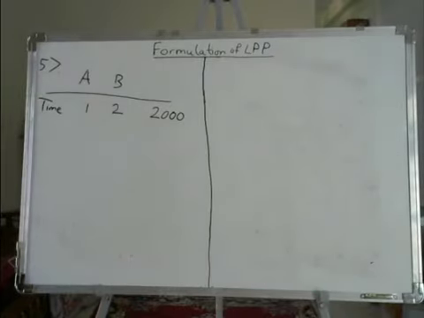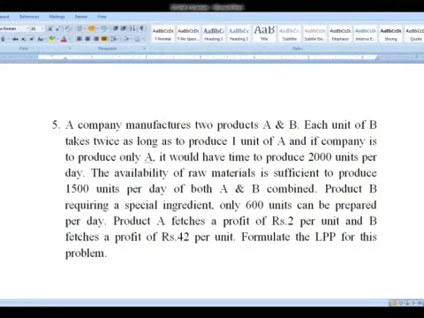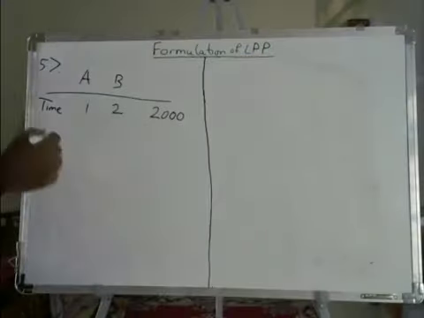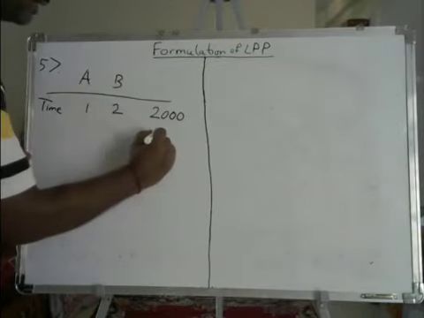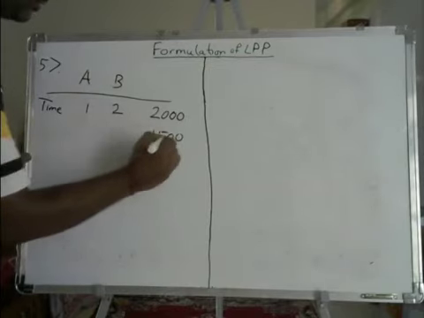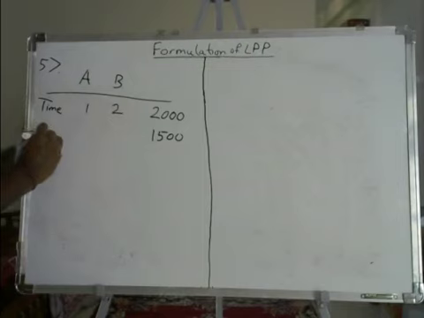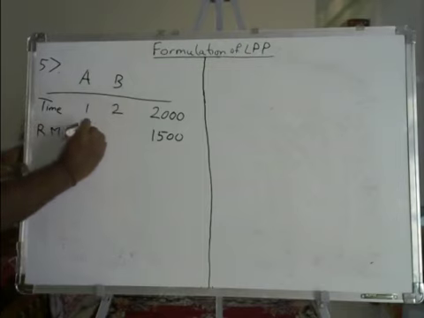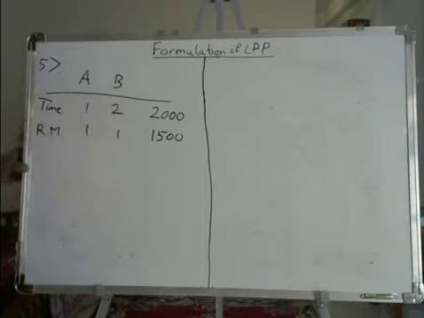The next criterion they've given is that the availability of raw materials is sufficient to produce 1500 units, A and B combined. So the availability of raw material is just 1500, that is the raw material constraint, that is 1 plus 1, it is 2.